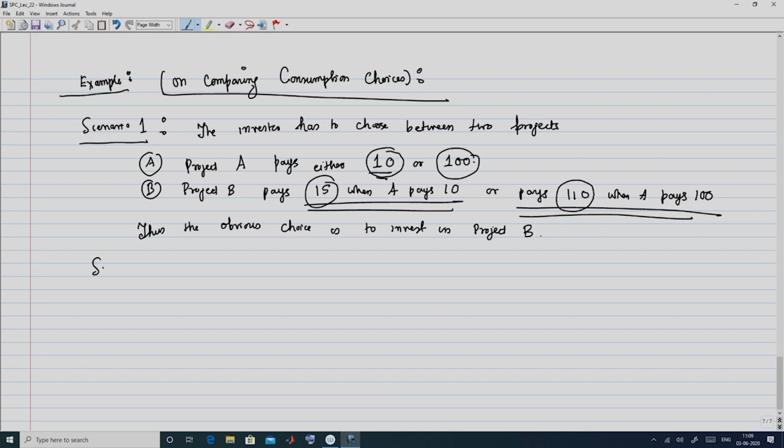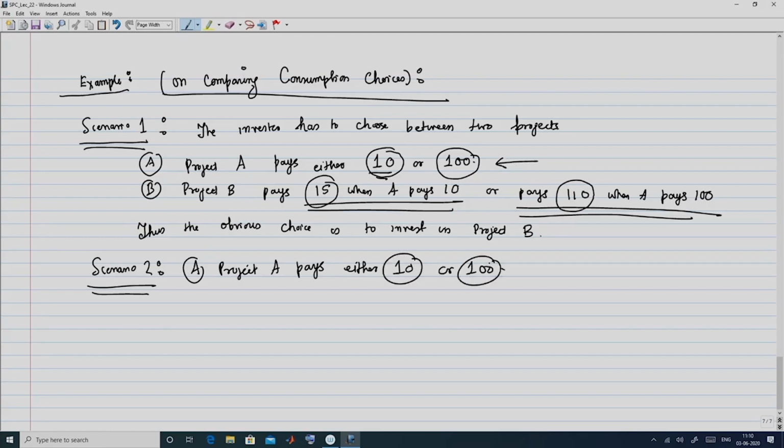Alright, so let us look at another scenario, slightly different, where you are caught in a dilemma. Here again, project A pays as before either 10 or 100, but project B pays 110 when A pays 10.